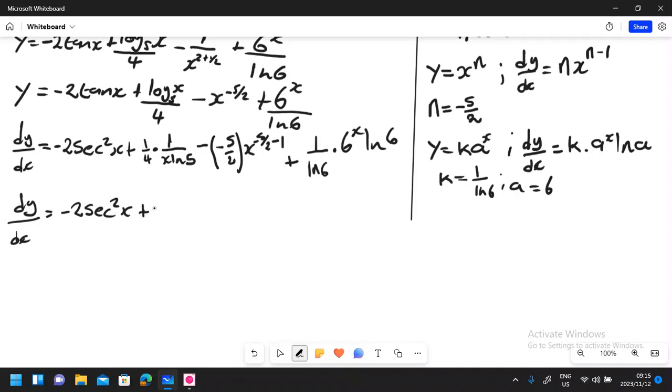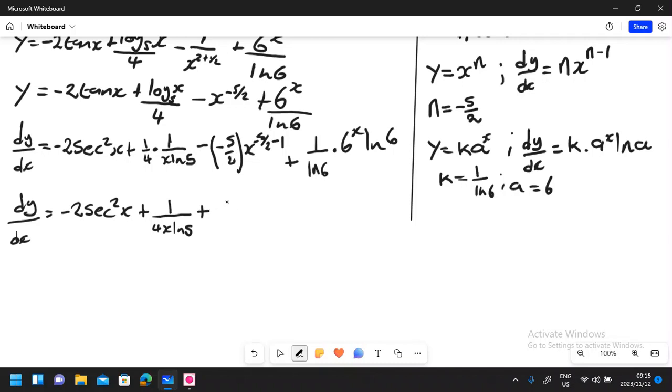We just multiply here. We can say 1 over 4x, and then natural log 5. Leave it like that. Then our third term, we do have negative multiplied by negative, which makes this one positive.